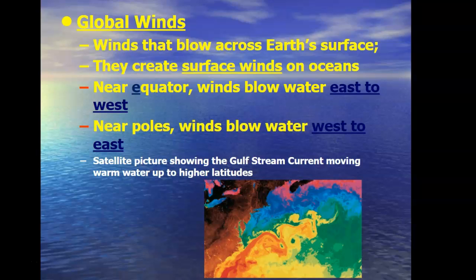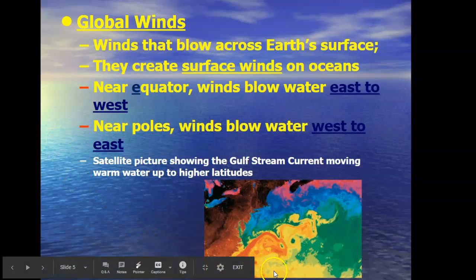And notice as the Gulf Stream current flows up the coast of the United States, this current is warmer and it's allowing the warm water from the equator to flow up and warm the higher latitudes in the northern areas of the ocean.